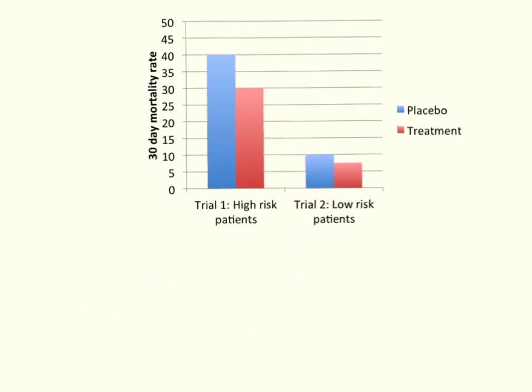So let's look at the same drug but in a different group of patients. This graph now shows a second trial where the same drug was tested in a set of lower risk patients. And so we can do the same thing. We can calculate absolute and relative risk reduction. The absolute risk reduction for trial 2 is the absolute risk of the placebo, which is 10%, minus the absolute risk of the treatment, which is 7.5%.